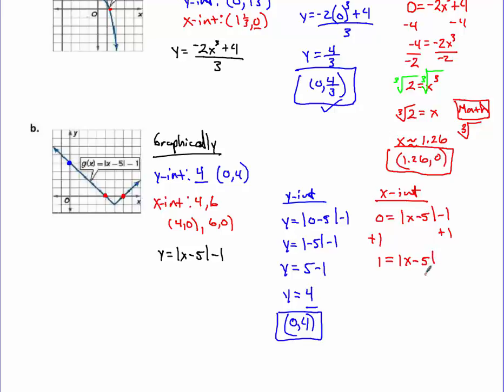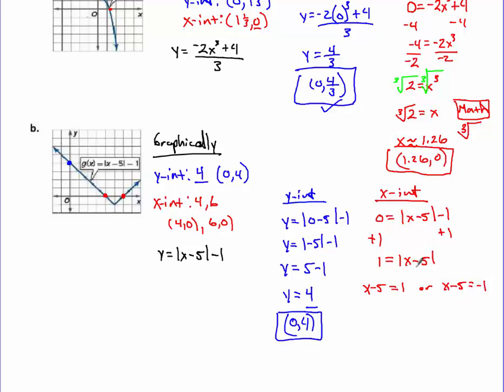And hopefully you remember from our algebra review that anything that's inside an absolute value can either be the positive or the negative of whatever it equals. So we're going to say that x minus 5 equals 1, or x minus 5 equals negative 1.